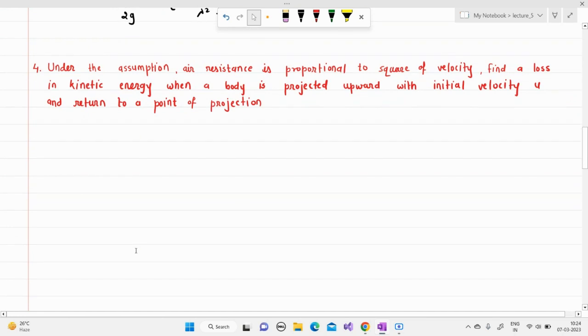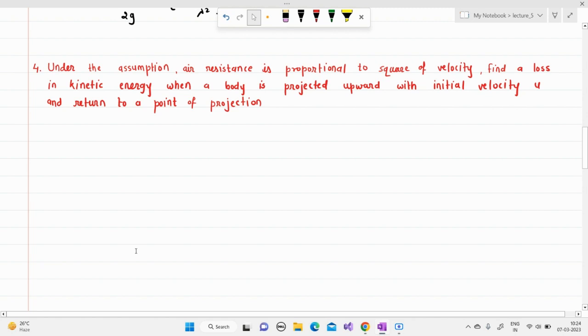Okay, let's go to the second question. Under the assumption of air resistance proportional to square of velocity, find the loss in kinetic energy when a body is projected upward with initial velocity u and returns to the point of projection.